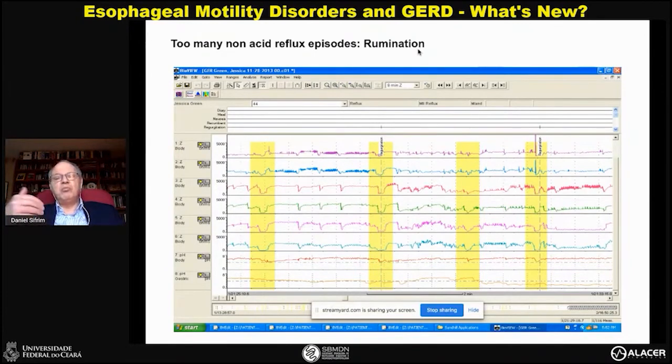We are finding more and more of these cases of hidden rumination in refractory reflux in young, particularly ladies, that we diagnose afterwards as ruminators, and they respond pretty well to cognitive behavioral therapy with diaphragmatic breathing.